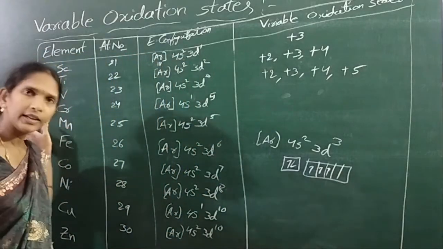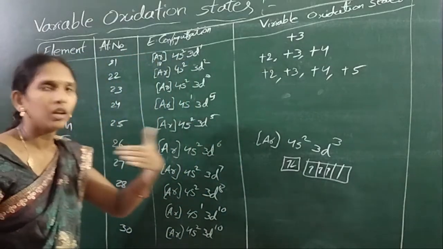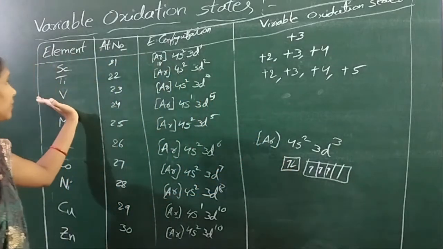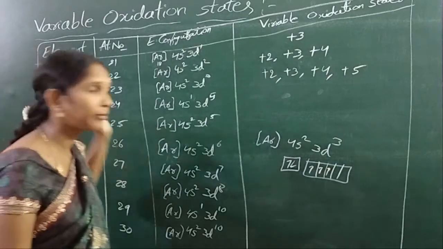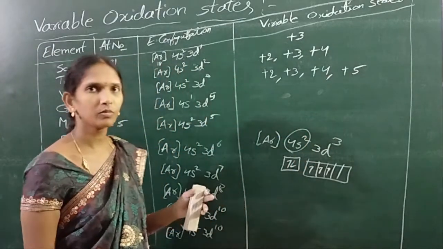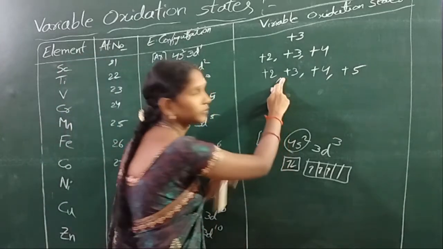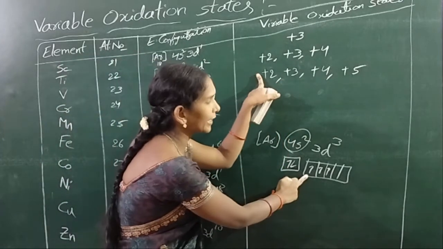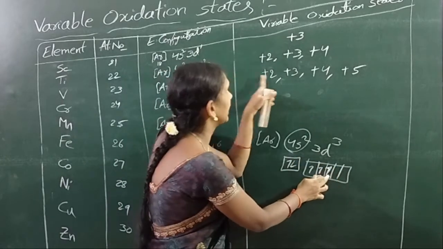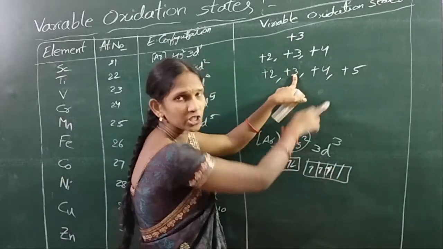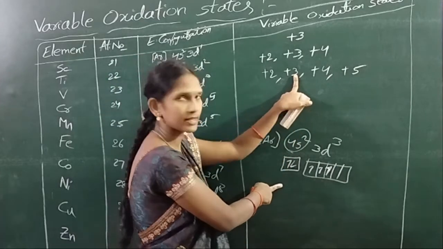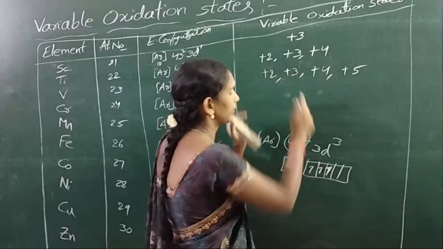If vanadium loses 2 electrons from S, that is plus 2. One electron from D, that is plus 3 oxidation state; 2 is here in S, 1 is in D block.